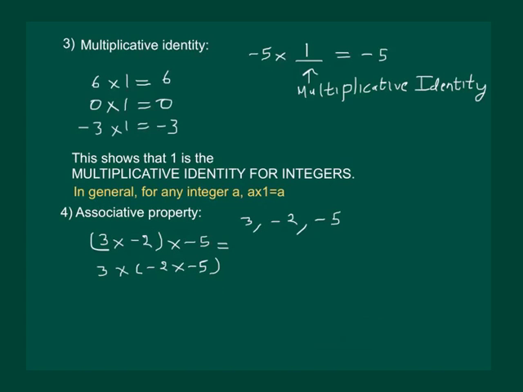We solve the first grouping and get minus 6 into minus 5.